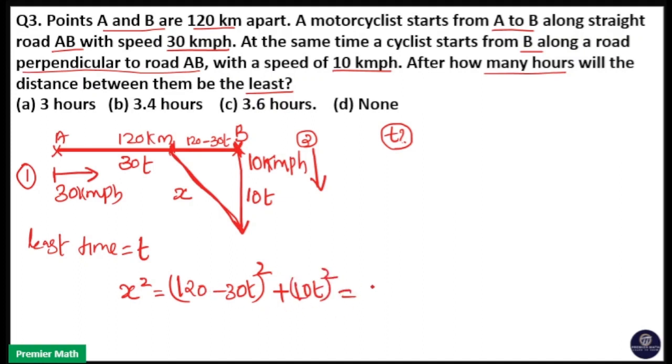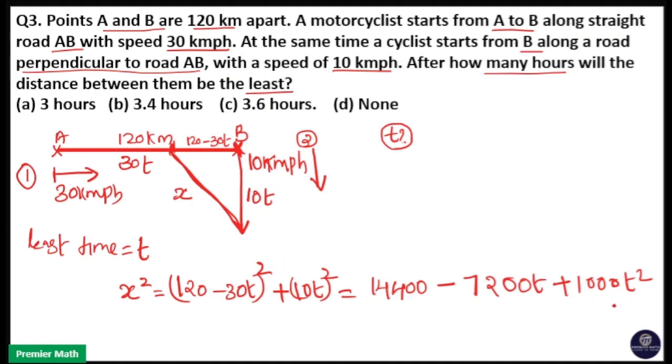That equals 120 square, which is 14400, minus 2 into 30 into 120, which is 7200t, plus 30t square plus 10t square. That is 1000t square, because 30 square is 900, 10 square is 100, and 900 plus 100 is 1000. So this is our quadratic equation.